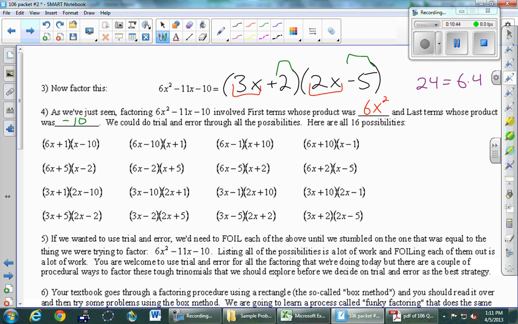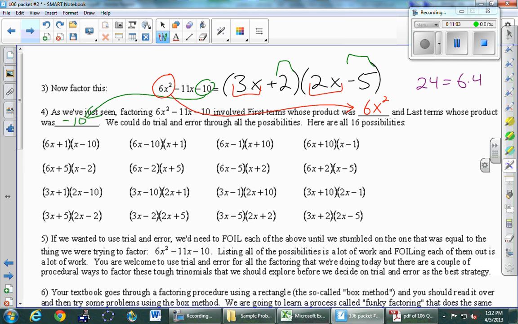Everybody see that? And so are you willing to buy that you can just grab that negative 10, whatever's there, that's going to be the product, and whatever is here, that's going to be the product for the first terms? If you give me 6x squared minus 11x minus 10, I feel pretty comfortable saying, okay, I need a 6x squared. That's only going to come from these two guys multiplied together, right?